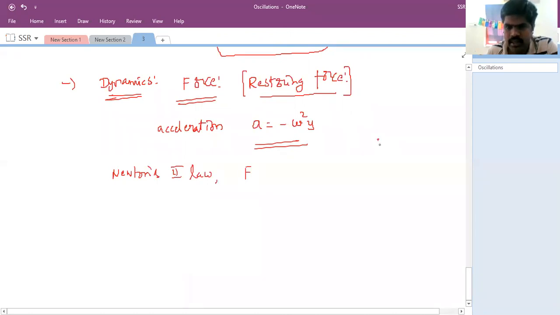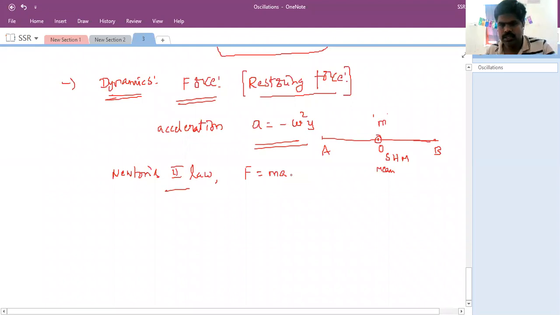Suppose this is the mean position, with extreme positions towards right and left, A to B. There is a particle from the mean position having certain mass m, which is executing simple harmonic motion. Then the force acting on that particle, F is equal to ma, by Newton's second law.